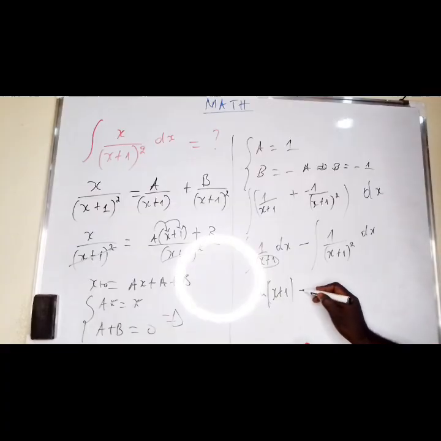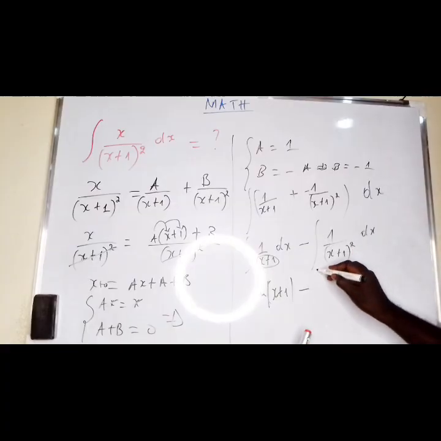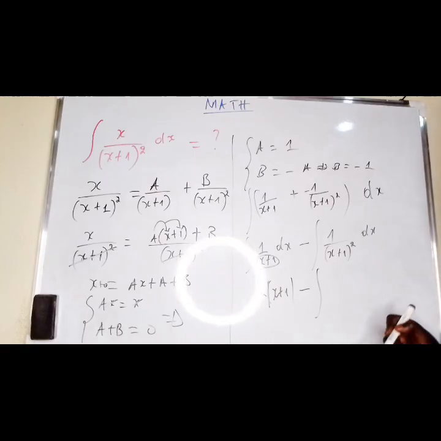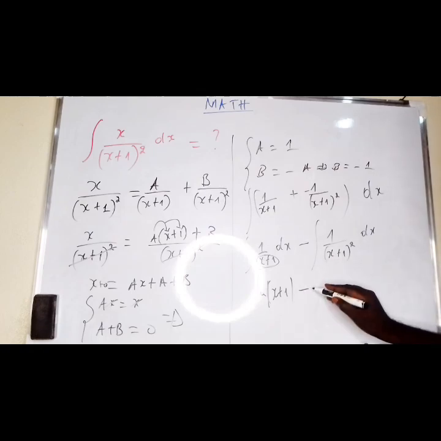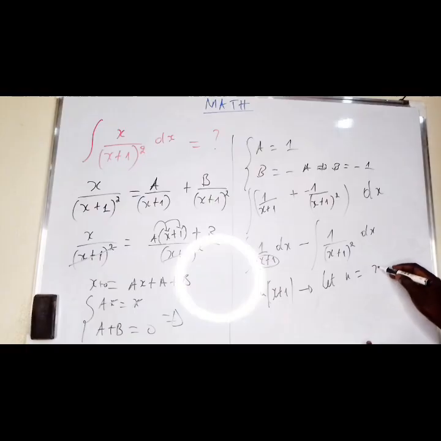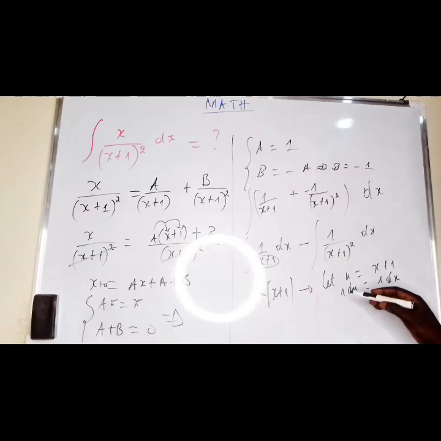Then negative, when I'm going to integrate this, we can say let u equal x plus 1, then du is equal to dx. Now, when you substitute, we have the integration of 1 du over u squared.